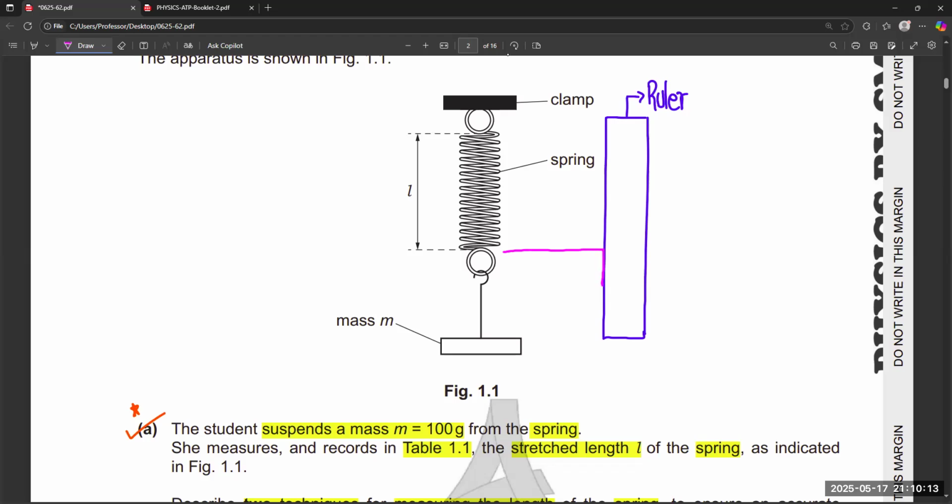Like, first you can place it at the bottom or you can place it on the top, it's your choice. So first we record the reading from this position, right? So we got one value.